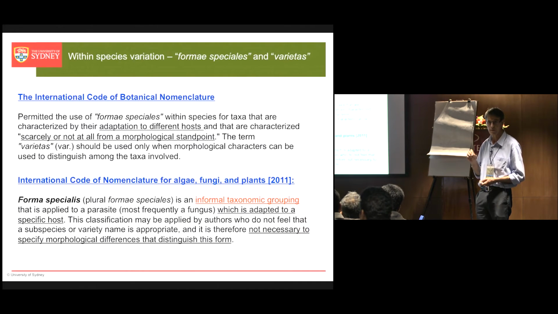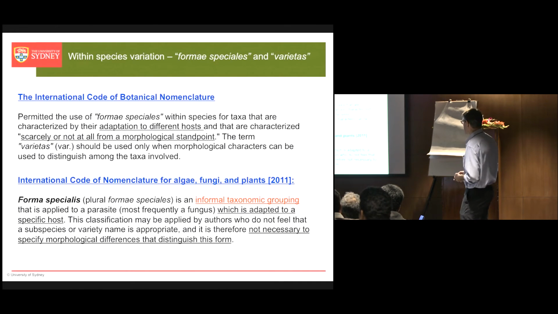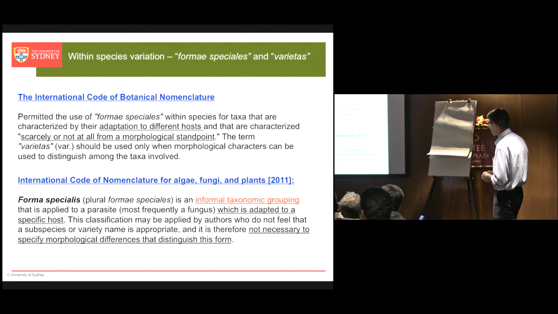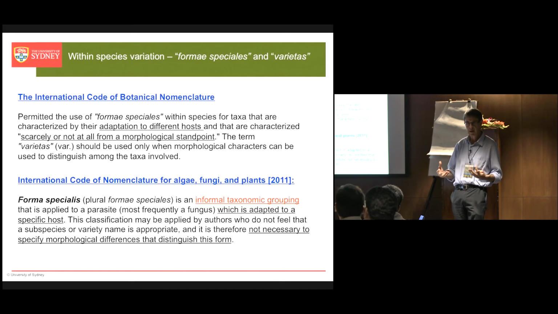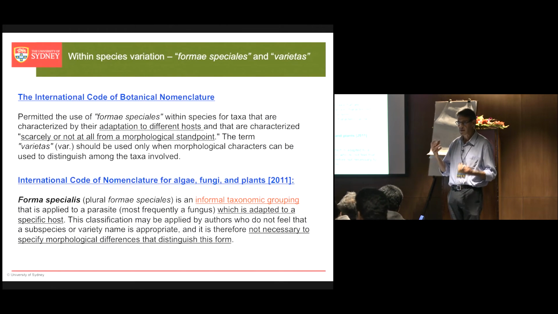It's informal. But the definition is very similar: adapted to a specific host, and it is not necessary to specify morphological differences that distinguish the form. So again, in essence it is the same definition, but informal. Different isolates, specialised to different hosts that may or may not be different morphologically, usually not.